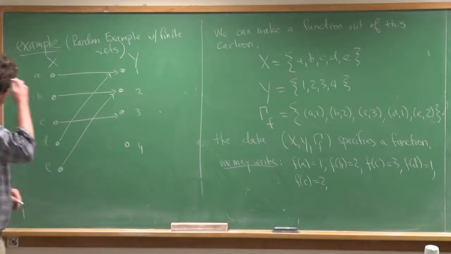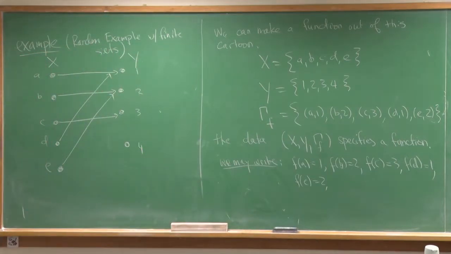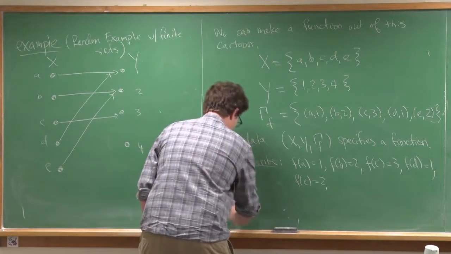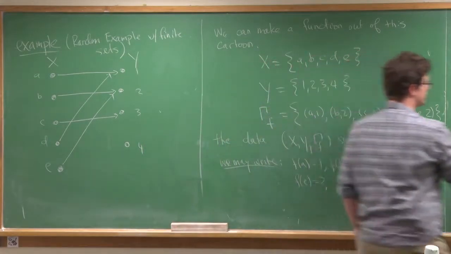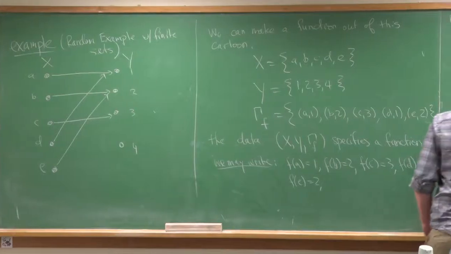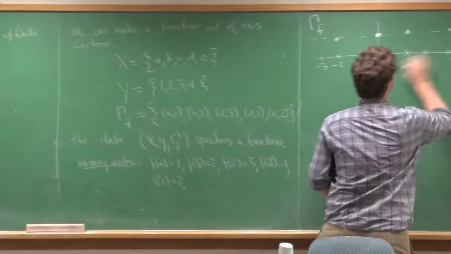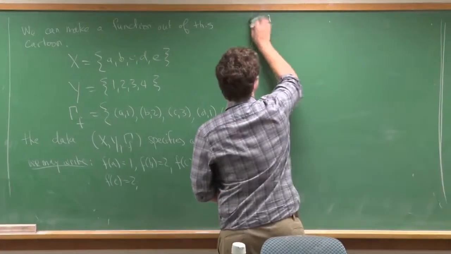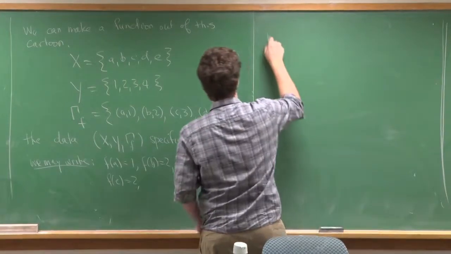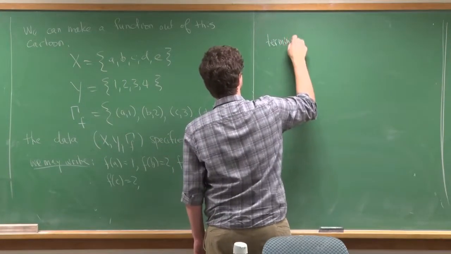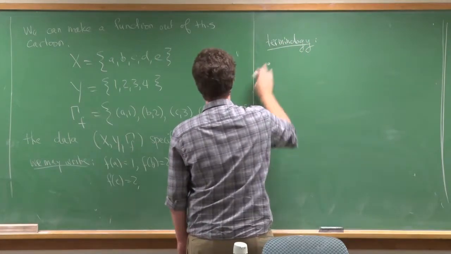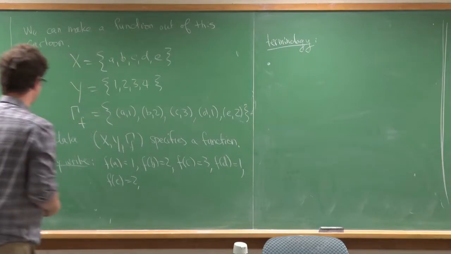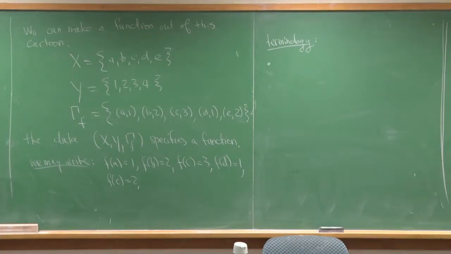Now we can use words. This is what's called the image. So let me give some terminology. There are several things we can do for images. We can talk about the image of a point or the image of a set.